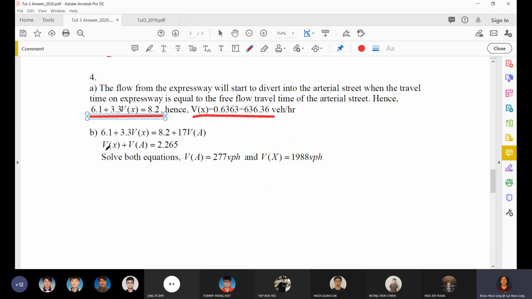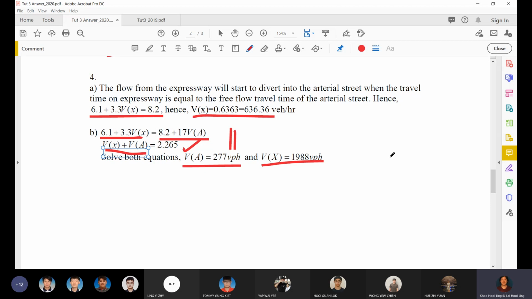It means that VX plus VA will equal 2265, and the travel time on these two roads will be the same. This follows the one route principle. We solve this and get VA 277 and VX 1988.